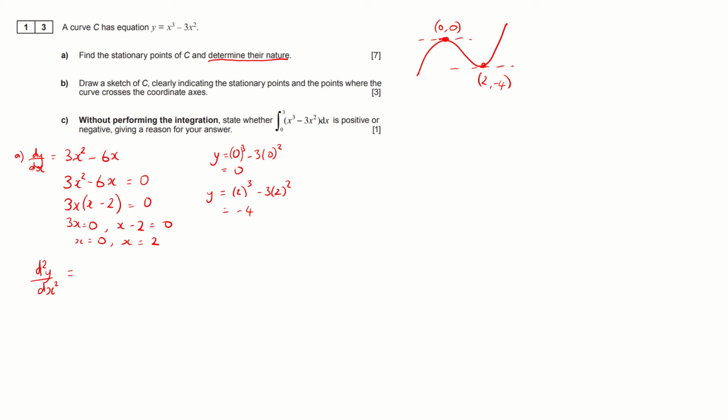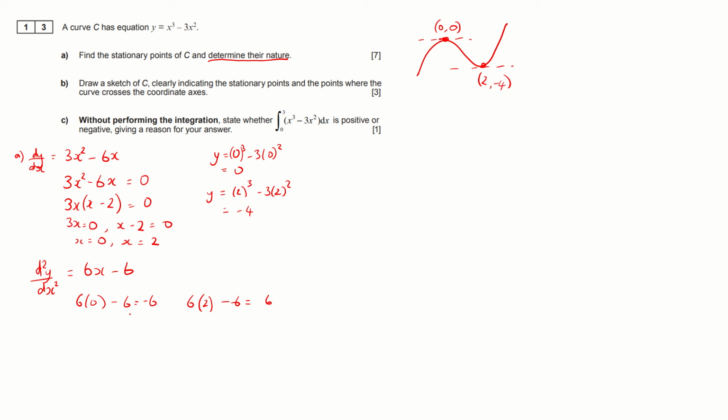If I differentiate this expression again, I get 6x minus 6. If I sub both the x coordinates into that, they will tell me one at a time which one is the max, which one is the min. So let's sub in 0, and let's sub in 2, and you end up with minus 6, and you end up with 6.